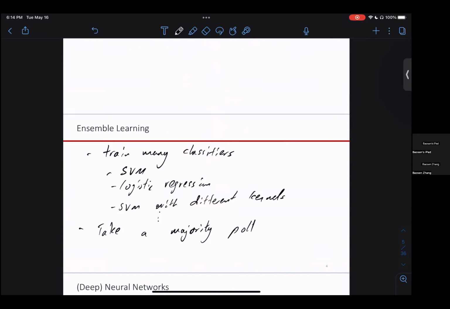Before neural networks were really popularized, ensemble learning in some senses was the best you could do: just train many, many of them and summarize by taking a poll. This again requires a lot of manual work. You have to go in and train these, and you have to tune a bunch of things. And depending on how good your classifiers are, the output may or may not work so well.